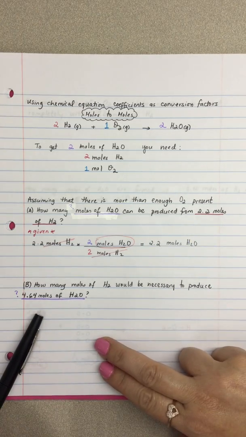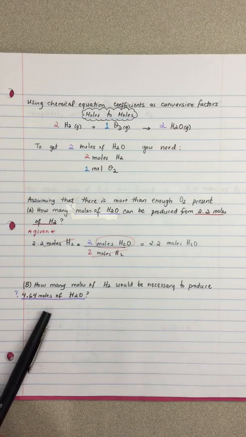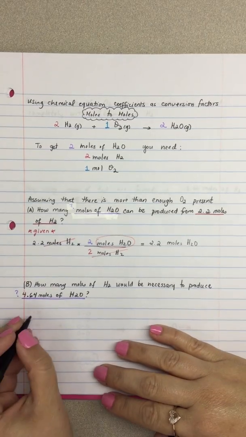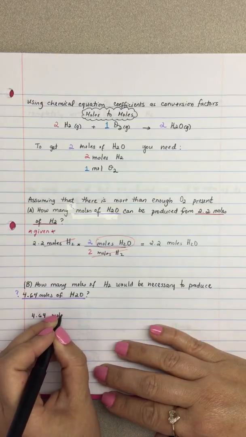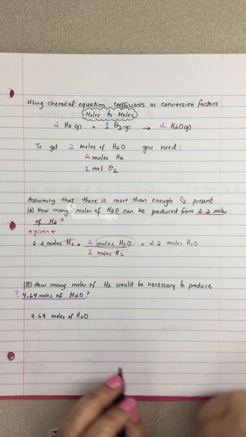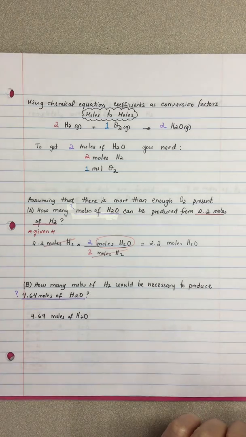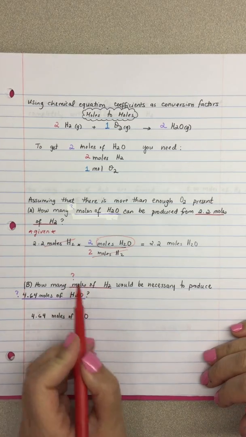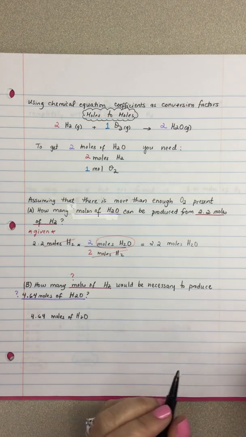Now in the second one, you have the amount of your product in moles. You have 4.64 moles of H2O. So that's the given amount, which is what you always use to start your problem. And you're trying to get the moles of H2.